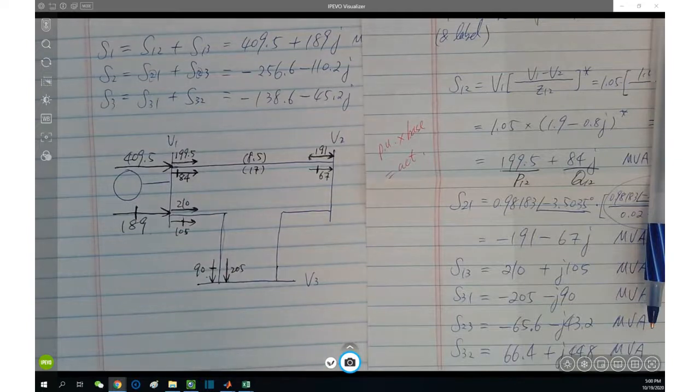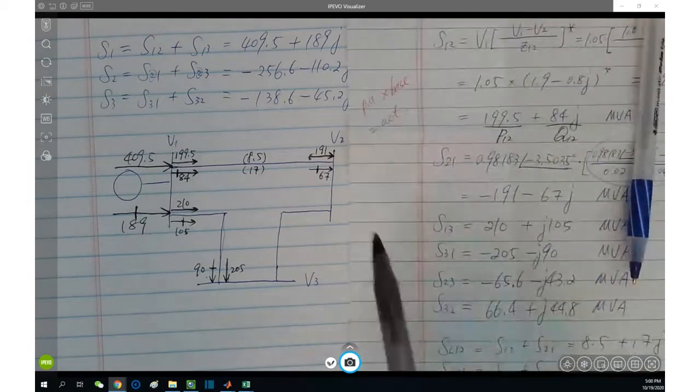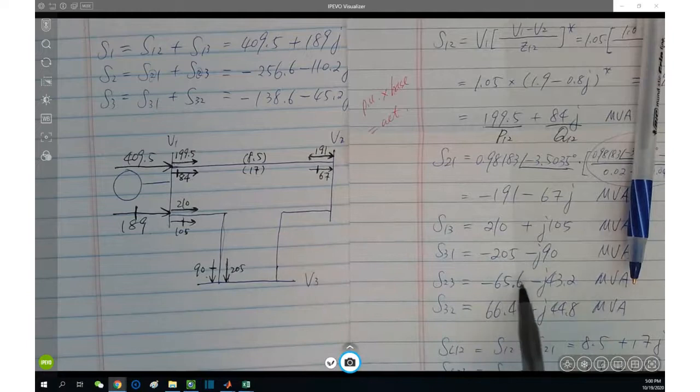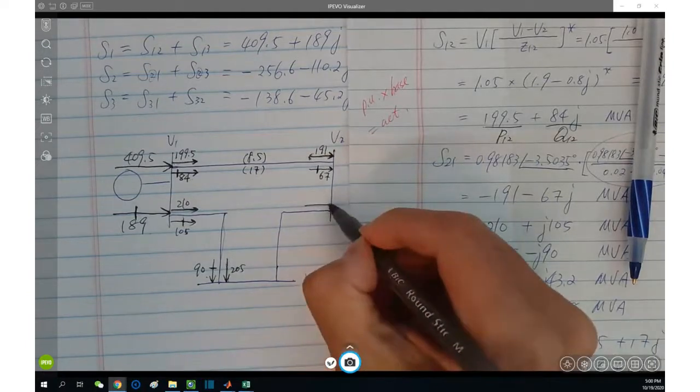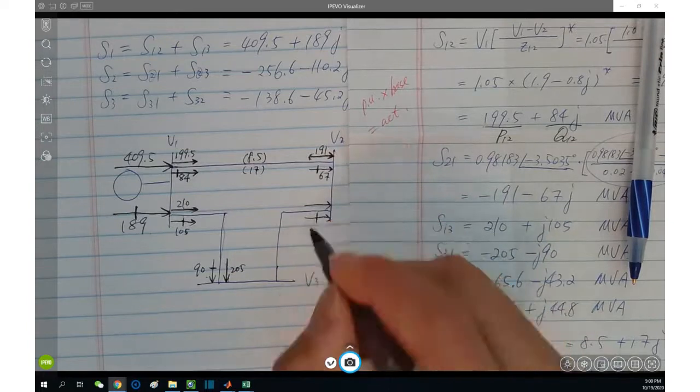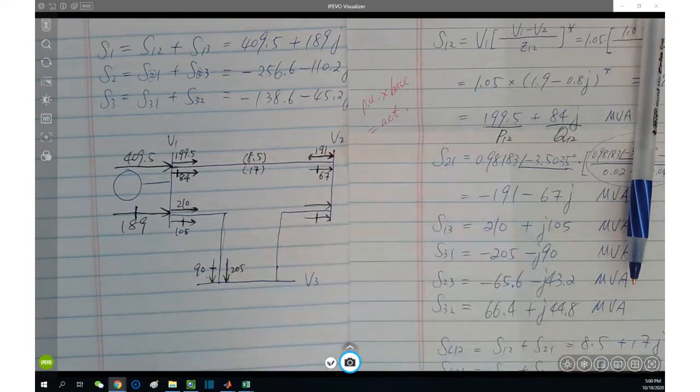Similarly, you have S23. Where's S23? S23 is here, and it's negative. So you need to be very careful. Between 2 and 3, who is sending power to whom? It's bus 3 sending to bus 2.